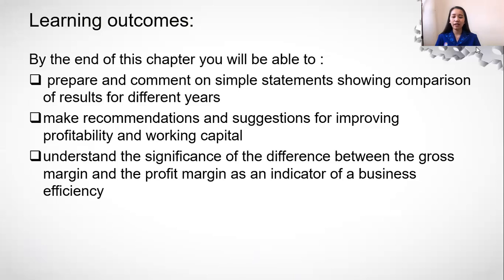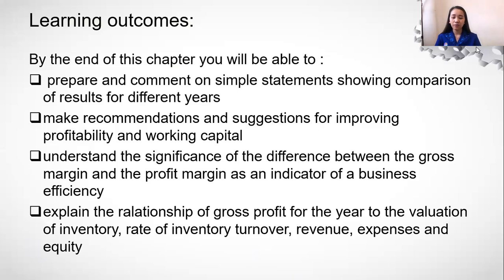Next, understand the significance of the difference between the gross margin and the profit margin as indicators of business efficiency. And then, explain the relationship of gross profit for the year to the valuation of inventory, rate of inventory turnover, revenue, expense, and equity.